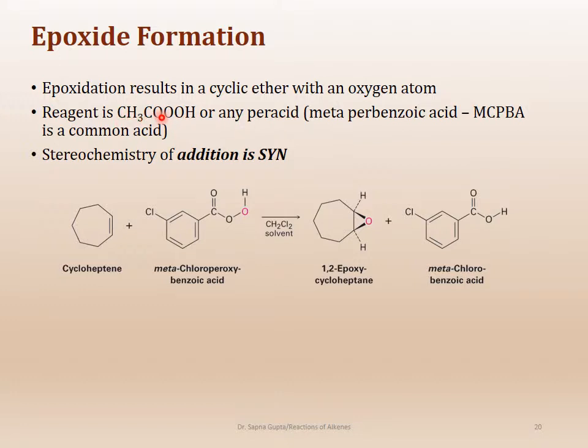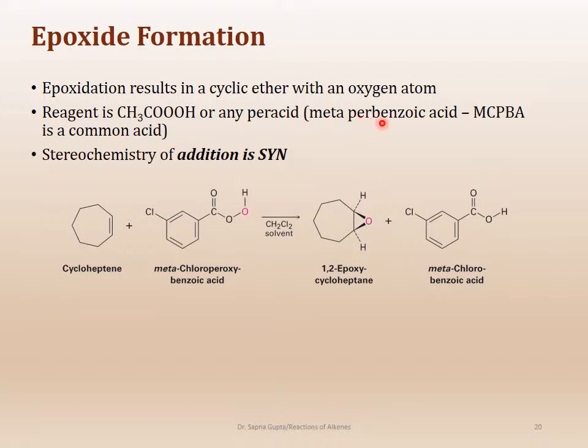So for example, acetic acid would be CH3COOH, but now you have an extra oxygen in there. That extra oxygen makes this reagent a very good oxidizing agent and very reactive also. And so you can use any per acid to cause epoxidation.